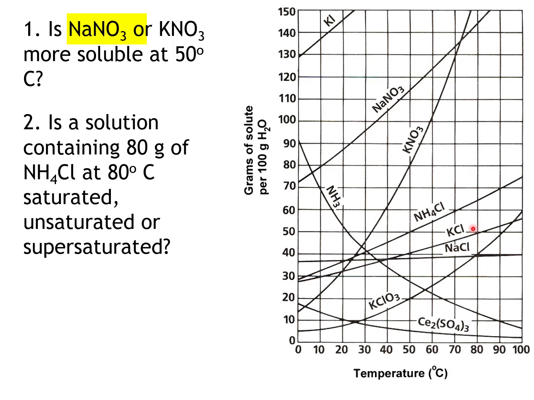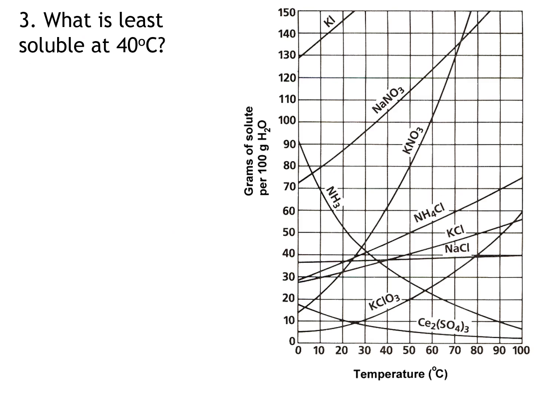So it's talking about ammonium chloride, and our data point is 80 degrees C and 80 grams. So you can see that we are over the line for ammonium chloride, so that means that this would be a supersaturated solution.